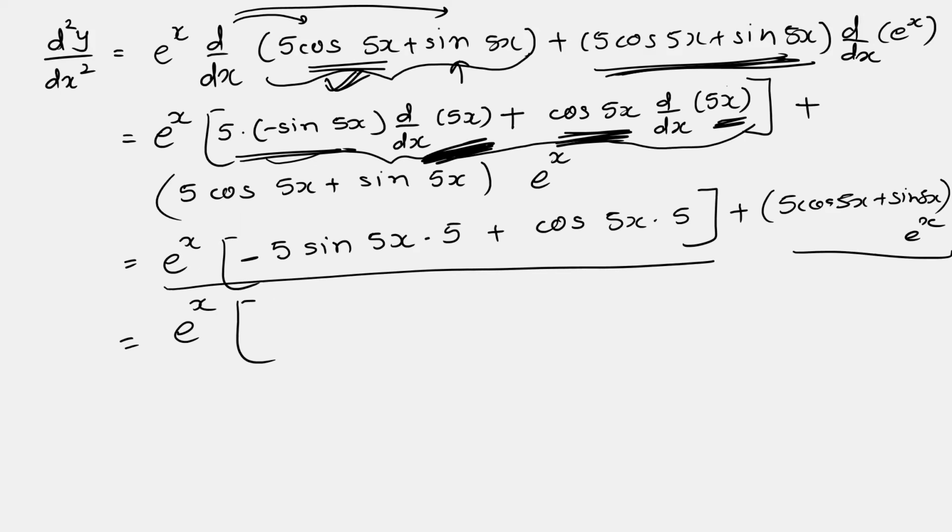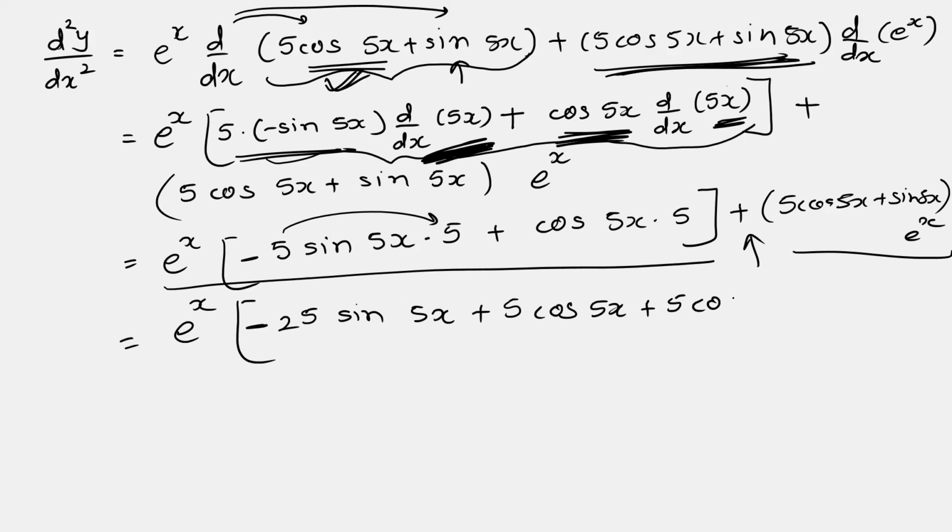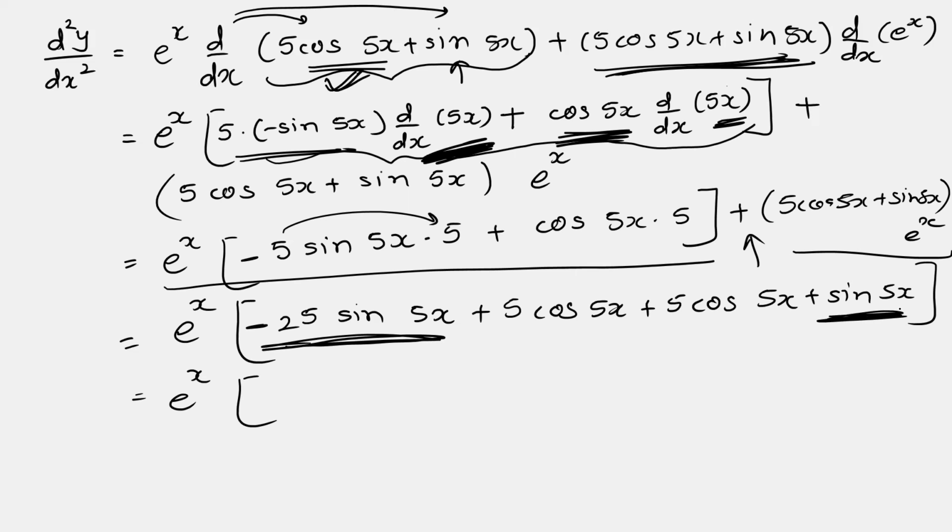So these brackets are going to be in addition. See that there is a plus sign between them. So minus 5 is 25 sin 5x plus 5 cos 5x plus 5 cos 5x plus sin 5x into e to the power x, which was common. So minus 25 sin 5x and plus 1 sin 5x, subtraction, minus 24 sin 5x.